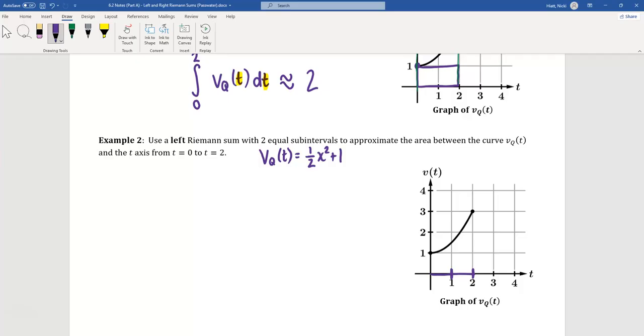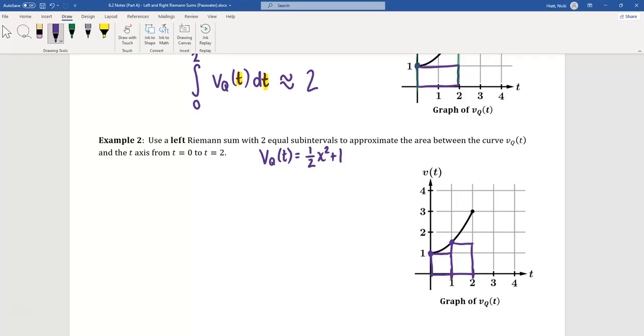Each one of them is going to have a width of 1, right? And so I want the left corner of my rectangle to be on the graph. So the first rectangle would look like this, right here. And then the second rectangle, I want the left corner right there to be on the graph.